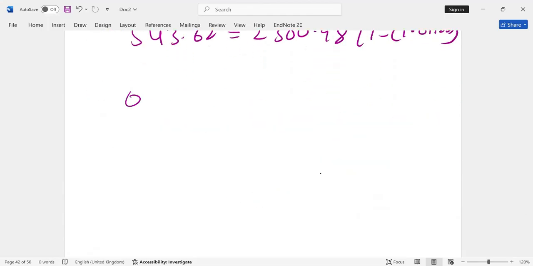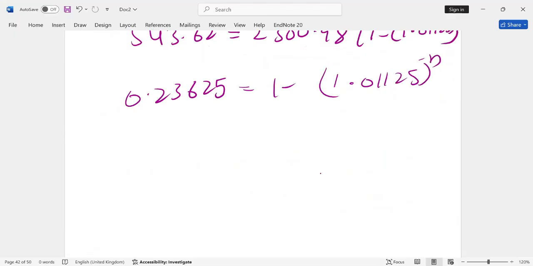Now we have 0.23625 equals 1 minus 1.01125 power of minus n.